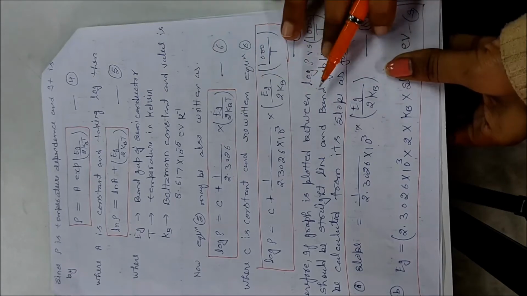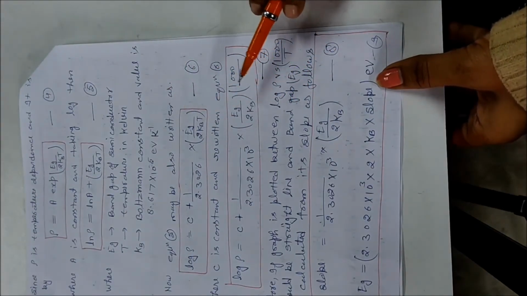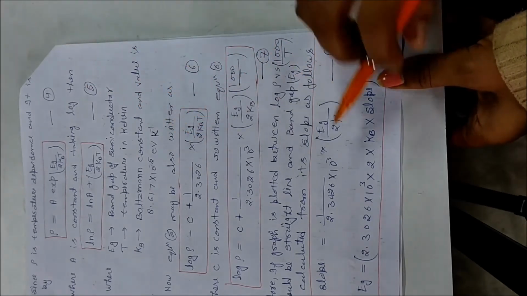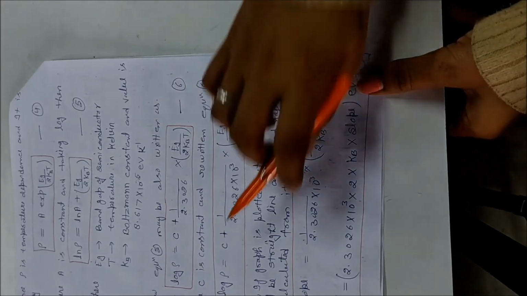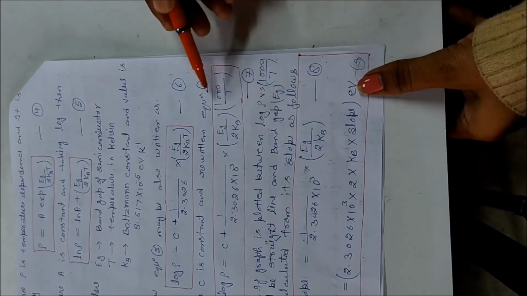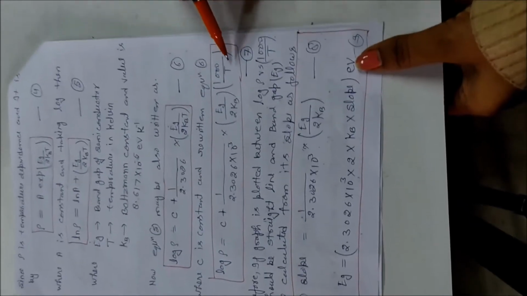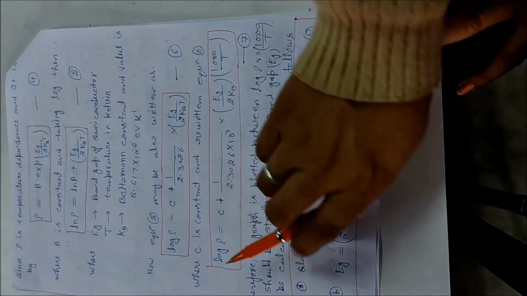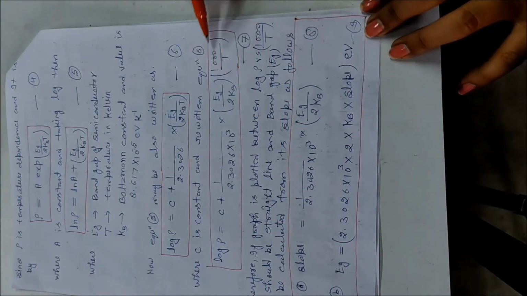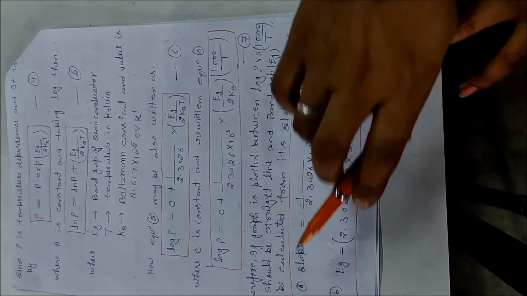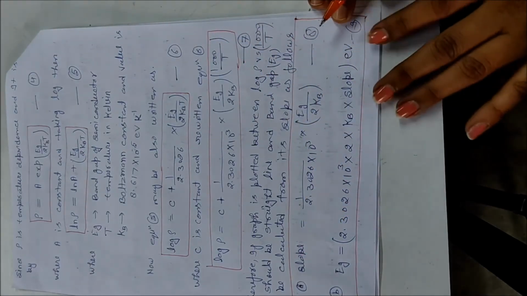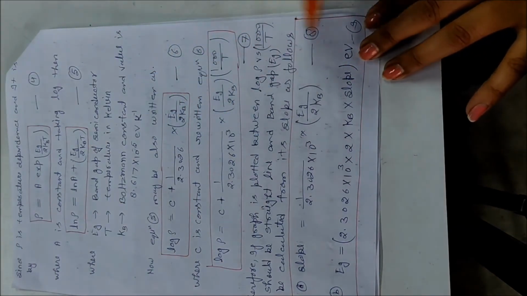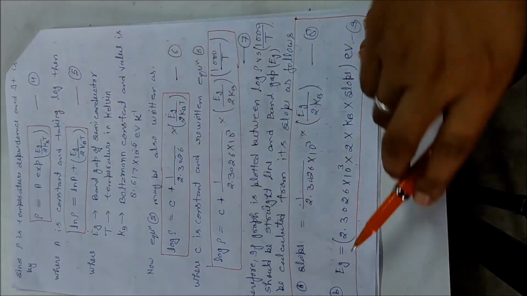If we arrange equation 6 in this manner, you can see the term Eg upon 2 kB into 1000 upon T. Therefore, if a graph is plotted between log rho versus 1000 upon T, it should be a straight line, and the band gap can be calculated from its slope as follows.